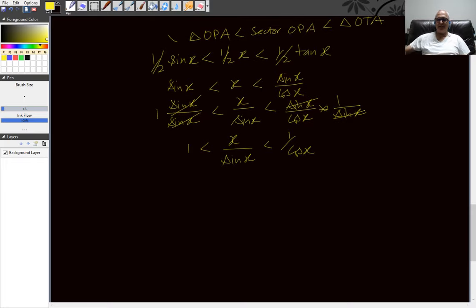Now we invert it. So when we invert, the direction of the signs will change. So cos x, and 1.